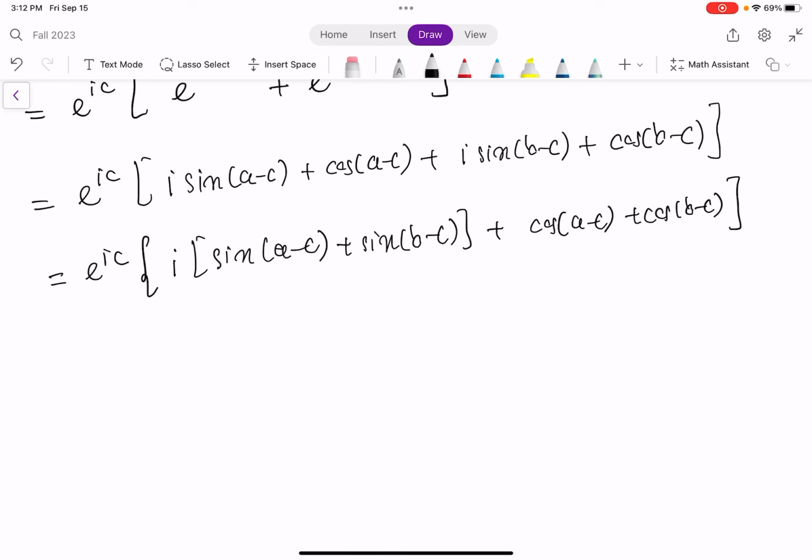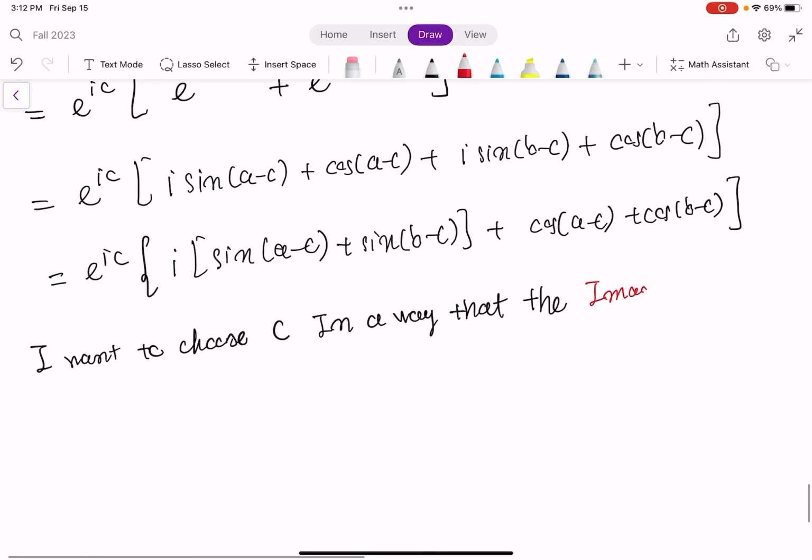I want to choose c in a way that the imaginary component disappears.